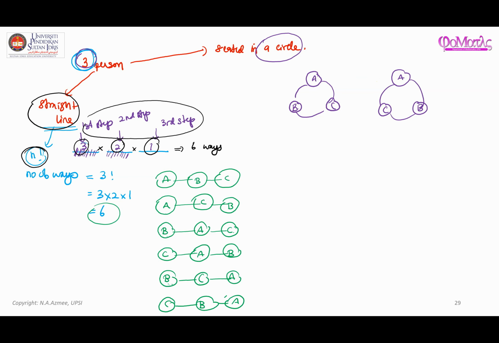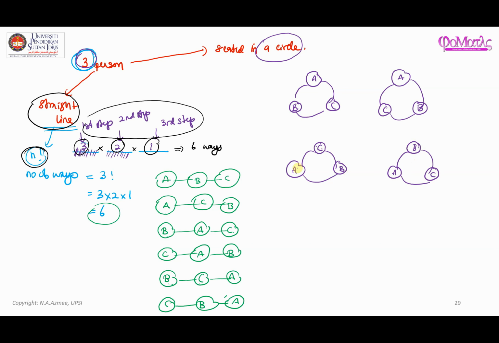Well, if we do that, here is A, and this is B, this is C. And then we can have another arrangement where B is on this side and C on the other side. So we're just going to maintain the position of A. So this is A, and this is B, and this is C. So far so good.